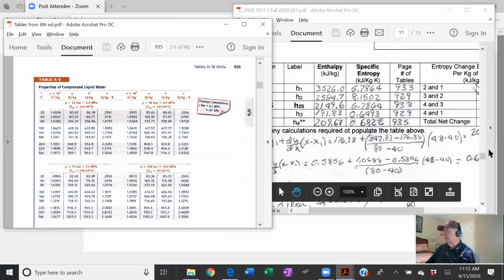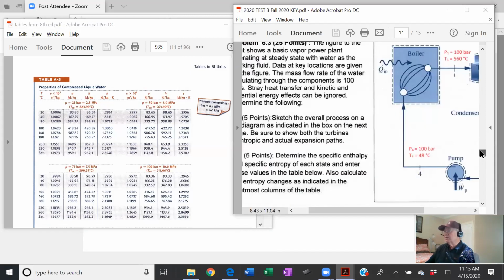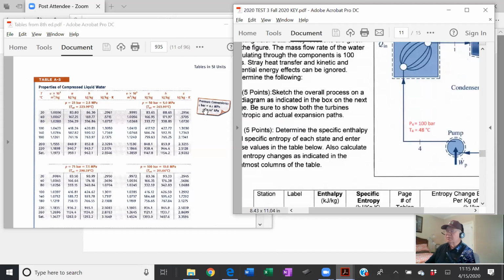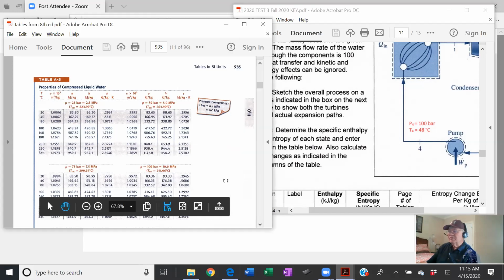Compressed water table. What do we know? That the pressure going into the evaporator, the high pressure side, is 100 bar, and we know the temperature is 48 degrees. So like I said, the graduations in this table are not very granular.